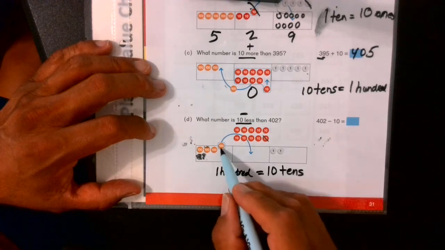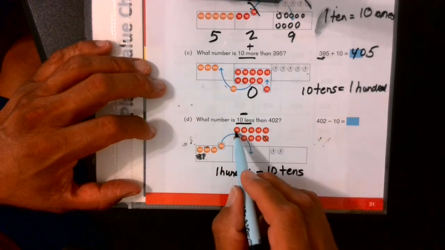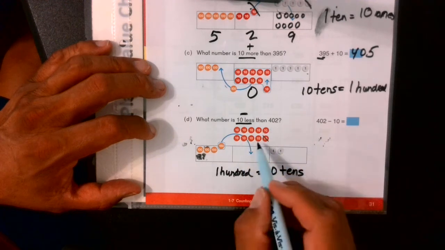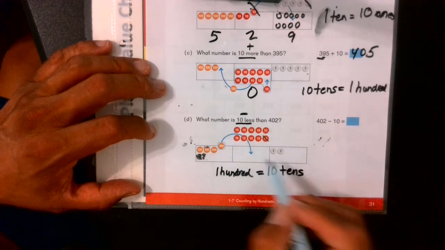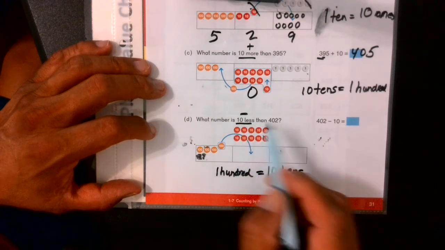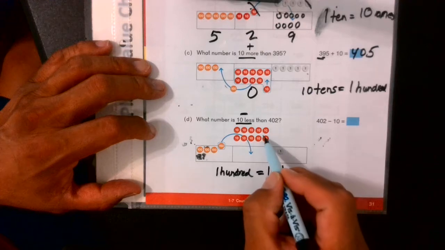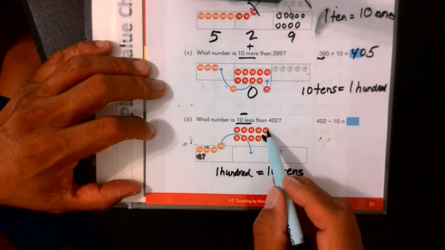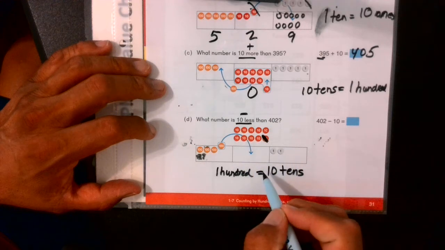Okay, so when I take this back over, notice there's 10. 1, 2, 3, 4, 5, 6, 7, 8, 9, 10. Okay, so now I have a total of 10 disks, right? But it says what? 10 less. So I'm taking one away. How many tens do I have? 1, 2, 3, 4, 5, 6, 7, 8, 9. I have 9 of them.